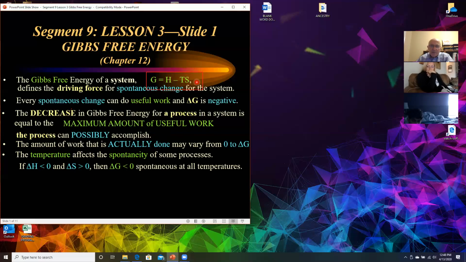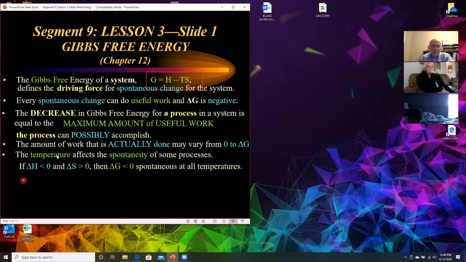So we can still use our delta H for a process at some temperature other than 25 degrees, and we can calculate the delta S at some temperature other than 25 degrees, and we can just multiply T times delta S and subtract that from delta H. We'll get the delta G at the new temperature.